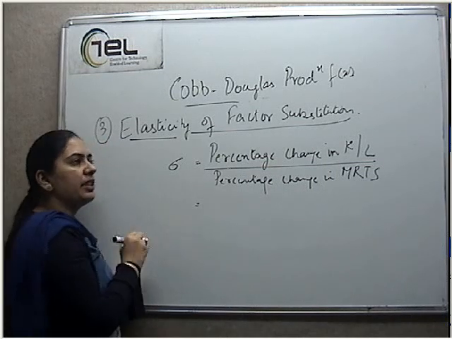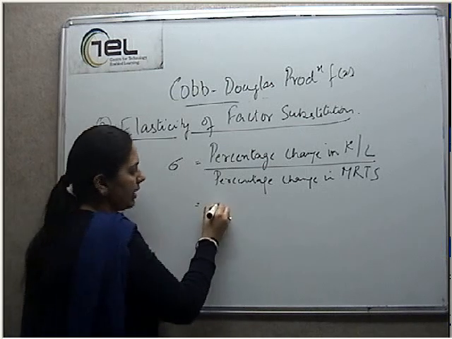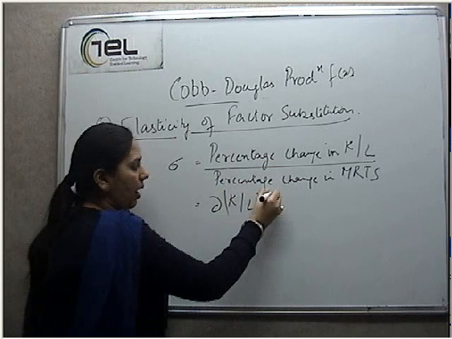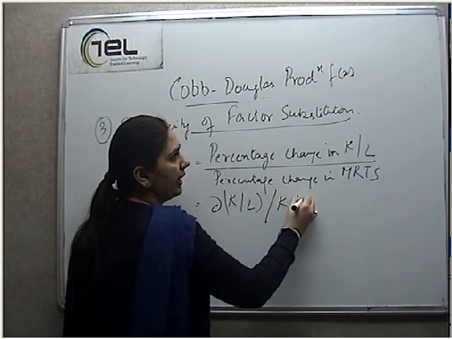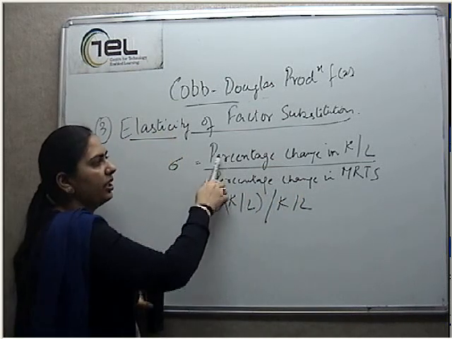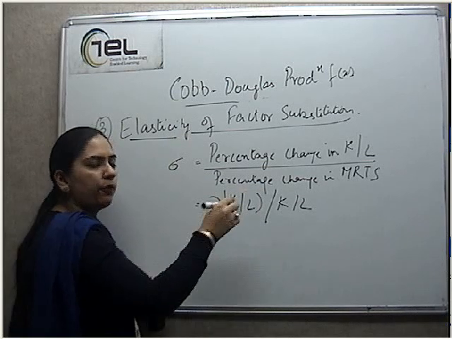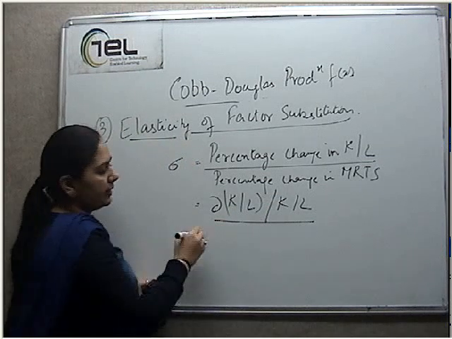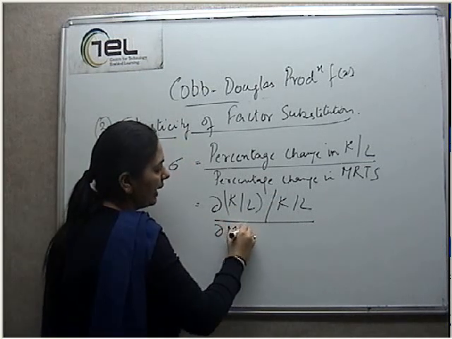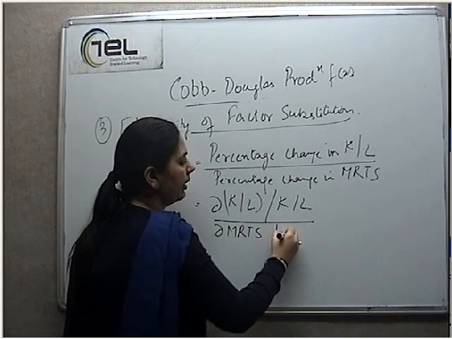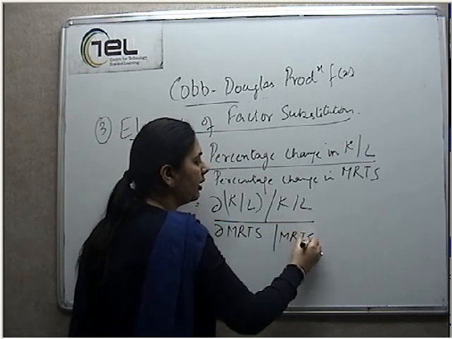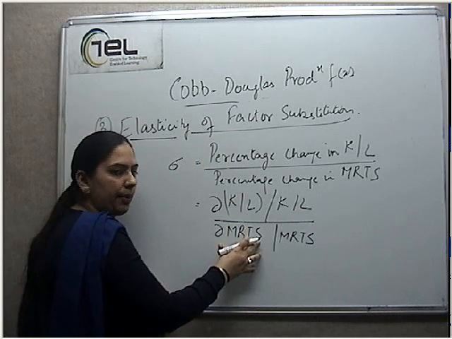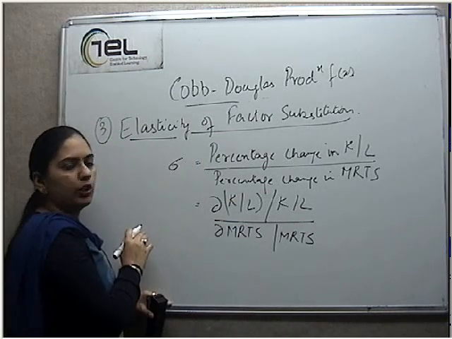Now I can write the percentage change in K by L as delta K by L upon initial K by L. The 100 of course gets cancelled from numerator and denominator. And the percentage change in MRTS can be written as delta MRTS upon MRTS. Now what we will be doing is putting in the value of MRTS from the last property which we have got.